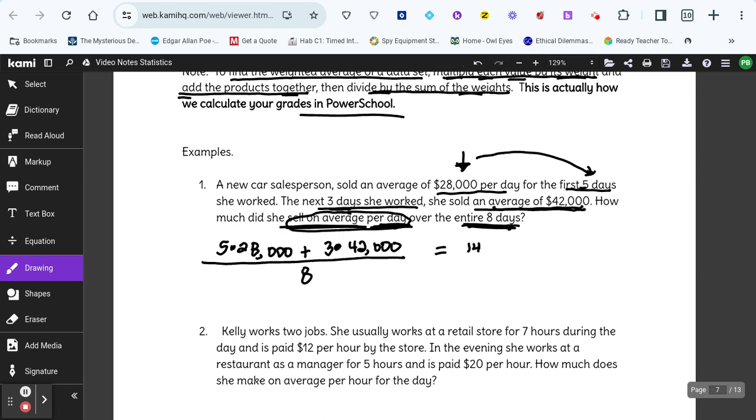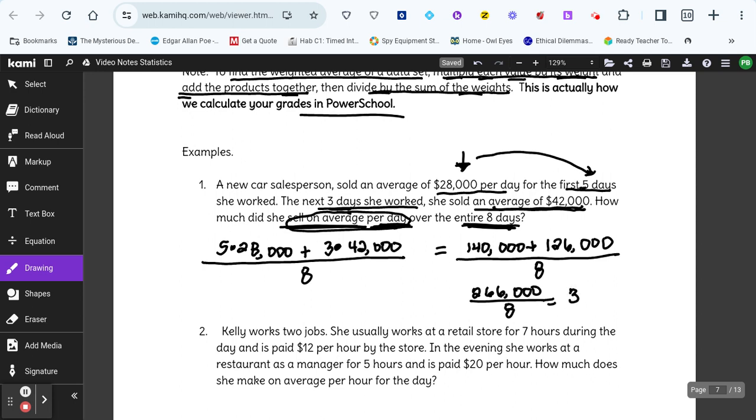We get 140,000, plus 42,000 times 3, which is 126,000. When we add those together, we get 266,000 divided by 8.